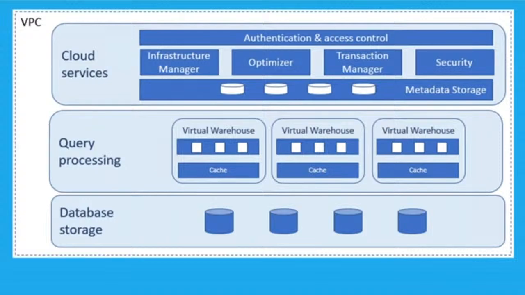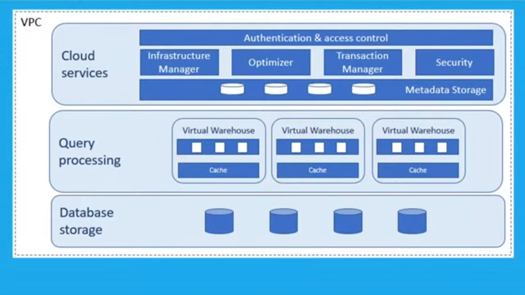In the query processing layer, the virtual warehouse is the hardware component which processes the requests. See, in your traditional database or data warehouse, you will have the CPUs, memories, and everything, right? Like that, this is also a virtual warehouse. A virtual warehouse is the hardware resources in your Snowflake.